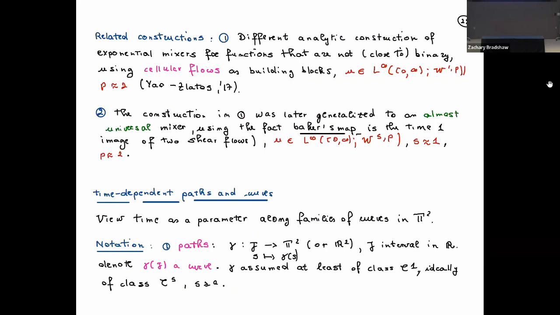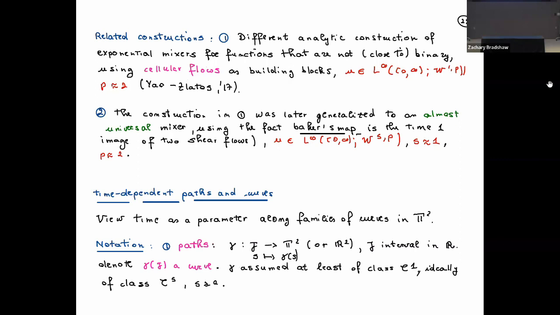So, as I said, there were related constructions. In the work of Yao and Zlatos, they have a construction of an exponential mixer which is analytic, non-geometric. In their work, the functions are in some sense still close to binary.